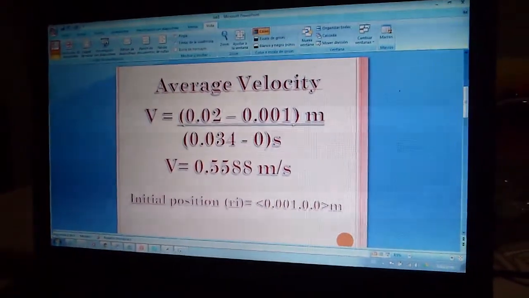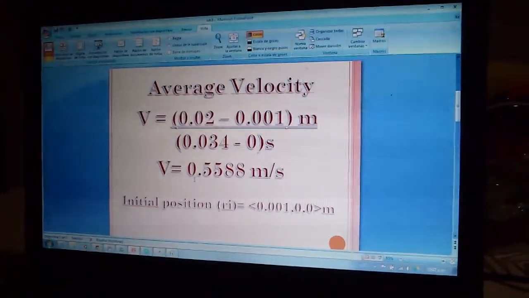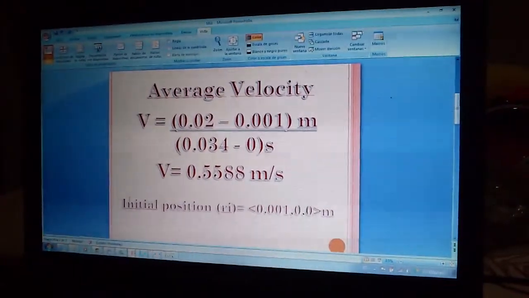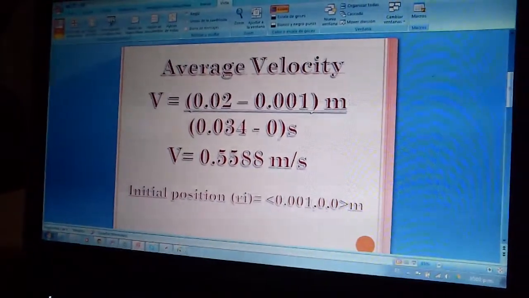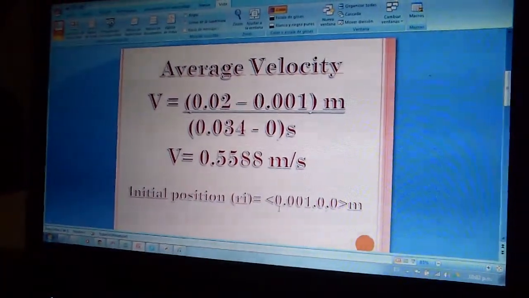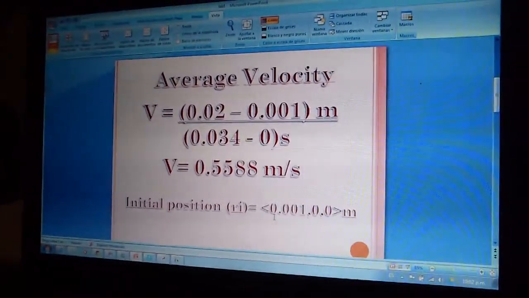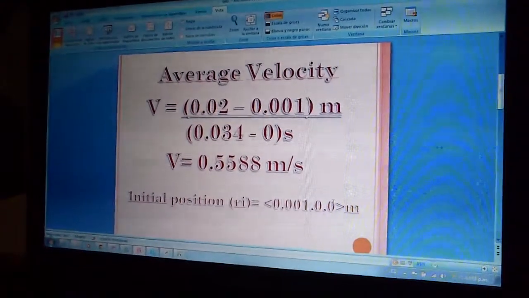For this, I obtain that the initial velocity is equal to 0.5588 meters per second. We have the initial position, which is the vector with coordinates x 0.001, 0 in the y coordinate, and 0 on the z coordinate.